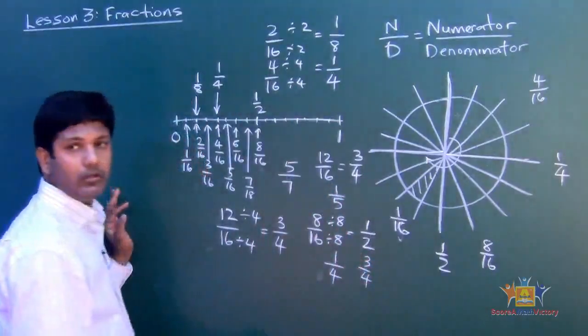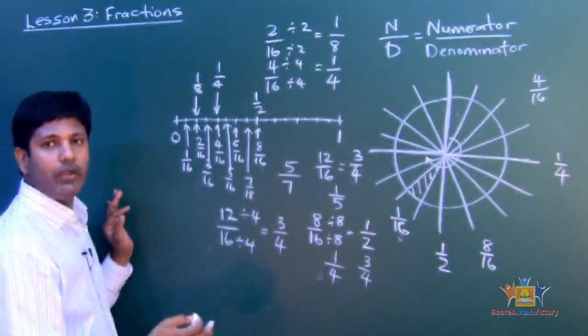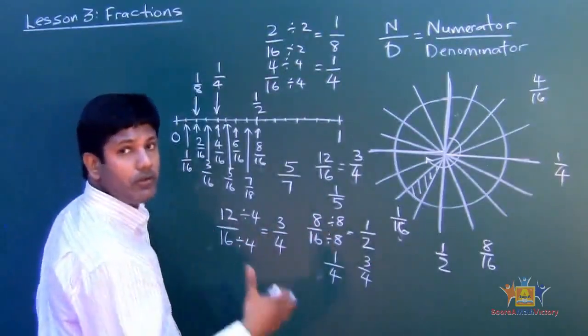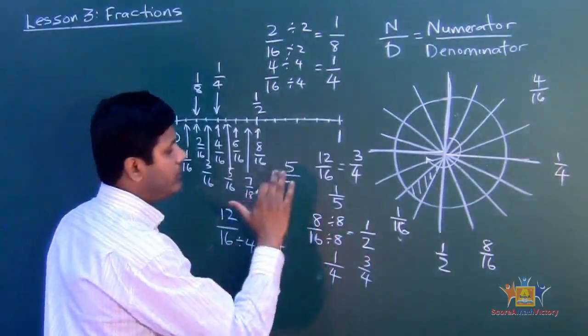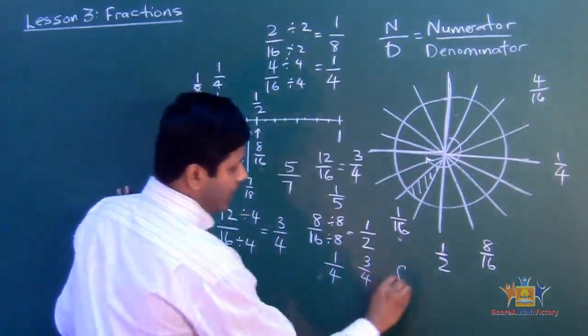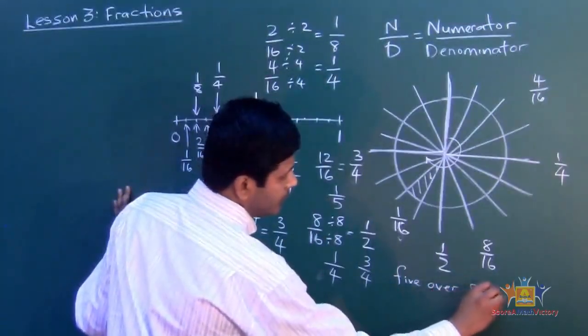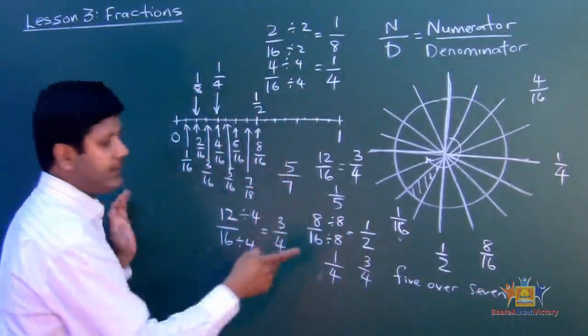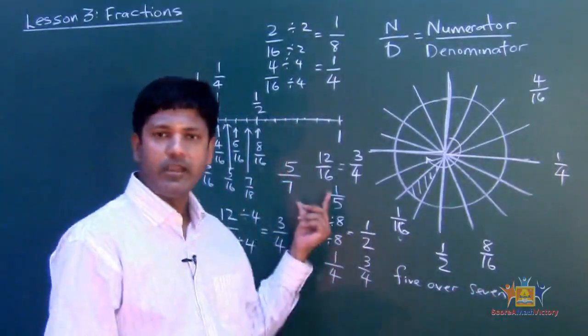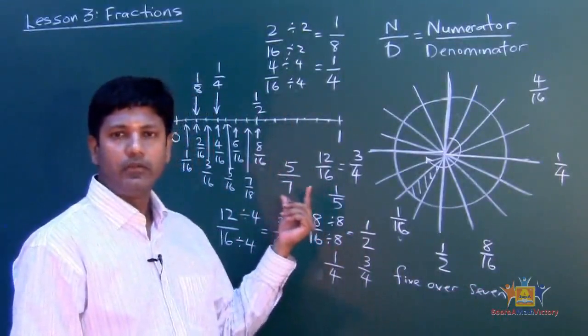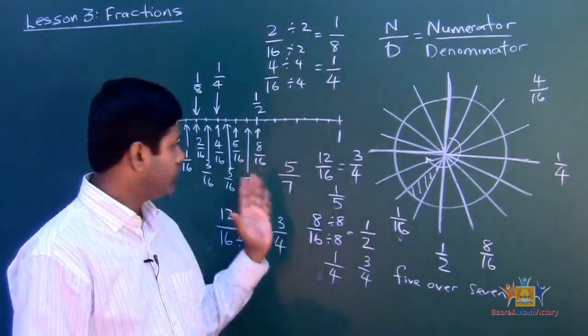See that? So there are several ways, but the way you normally want to understand is 5 over 7. That means 5 over 7. So you're able to write it and able to read it and translate it in a form of numeral.